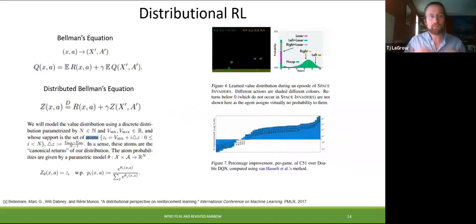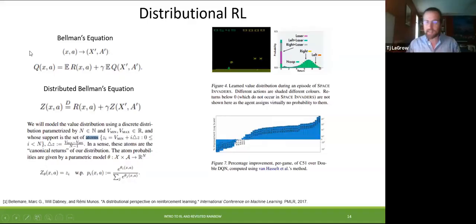But on the flip side, we go into distributional reinforcement learning, which was proposed in 2017. Here, we have the Bellman equation, which is very standard to solve for in terms of a transition space, especially for DQN. If we have some sort of transition between X, A and then X prime and A prime, we have the Bellman equation here, which is the expectation of the reward function of the state and action, plus a discount factor times the expectation of the Q function of the next state-action pair.